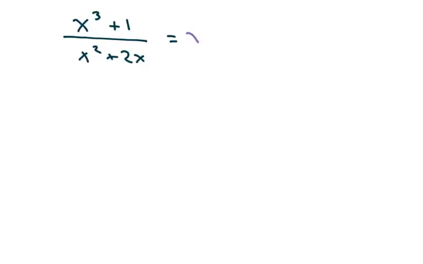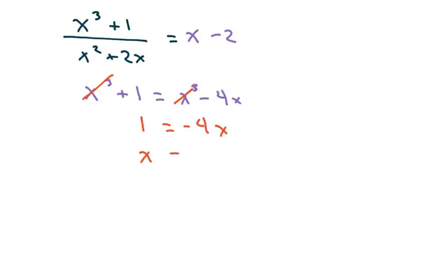So we're going to put x minus 2 and cross multiply. So we get x cubed plus 1 equals x cubed minus 4x. These go away. So you have 1 equals negative 4x. So x equals negative 1/4.